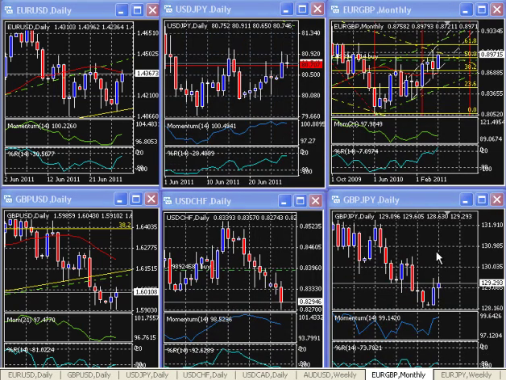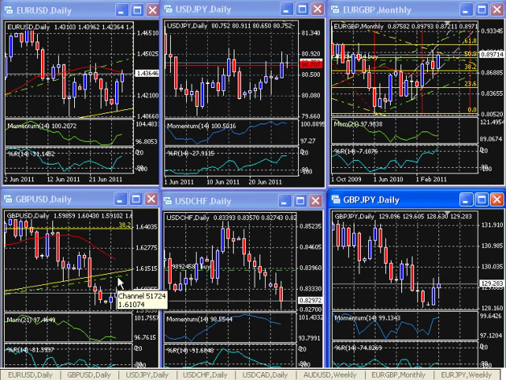Now with the cable yen or the sterling yen on a daily basis, the only time that this cross rate would gain more momentum to move higher is when the yen continues to move above the 81 level, where the sterling pound would also try and attempt the next channel at 1.6107 level.